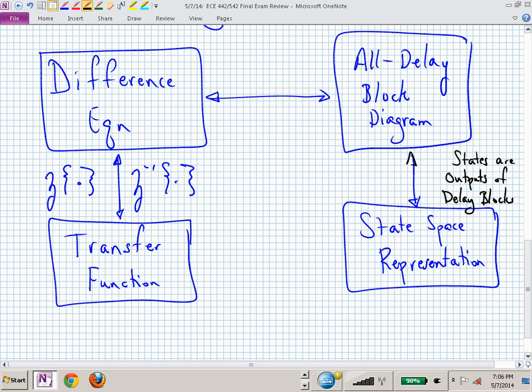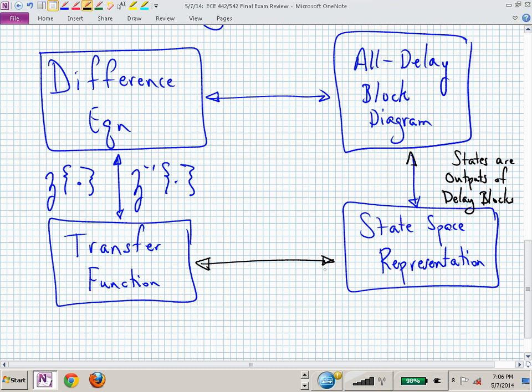So you have to know how many state vector components you have, and then you'll know how many delay blocks to introduce. That could be kind of a messy looking diagram, but that's doable.